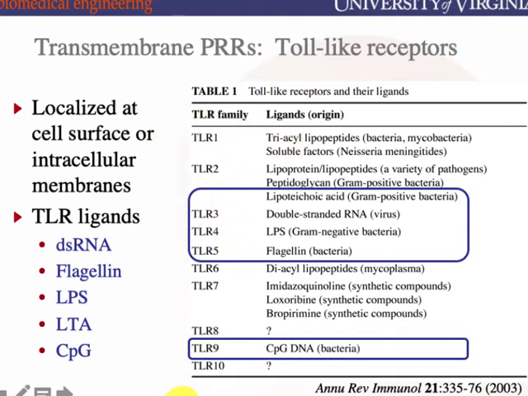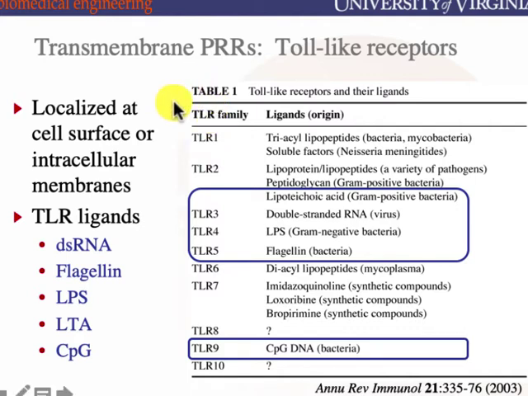And there's a very large family of them, about 10. Okay? And this was published in 2003, so I can't validate that there are still only 10. There are probably many being discovered today. All right? Toll-like receptors won the Nobel Prize, and they were discovered only about 25 years ago. So these are an important class of receptors.